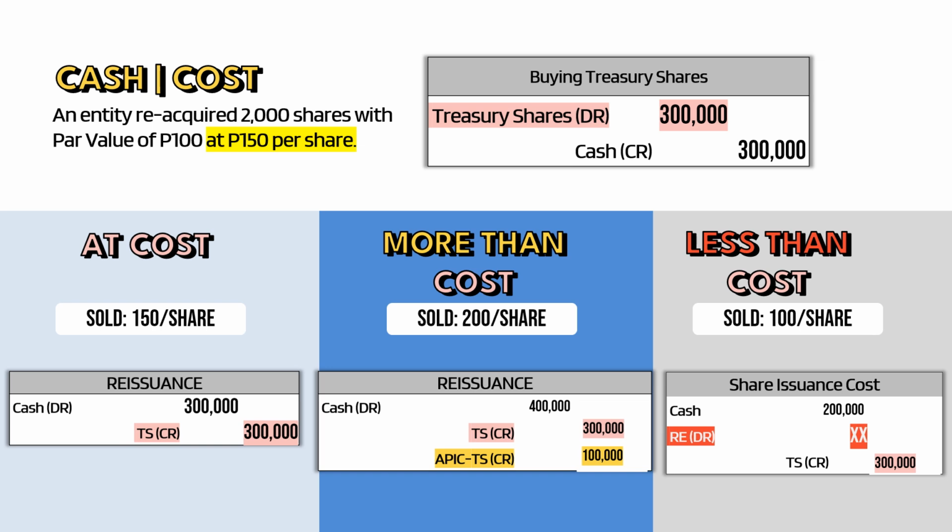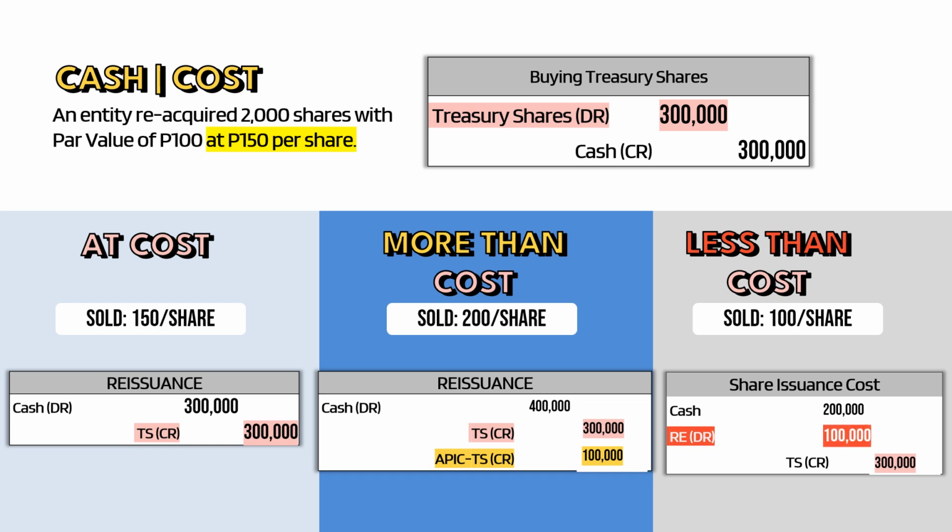Meron kang missing debit. In this scenario, wala tayong APIC TS. So don't be confused by this slide. These are three separate scenarios. So in this third scenario, wala tayong APIC TS. So therefore, we will debit RE by the difference, which is 100,000.